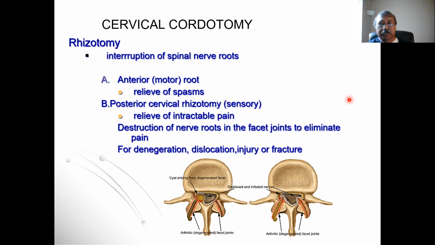The anterior part of this cervical area, those are the motor nerves, as we have talked about in the previous lecture. The posterior aspect is the sensory part. That is when you touch fire or a sharp object, you feel the pain because of the posterior cervical nerve roots.